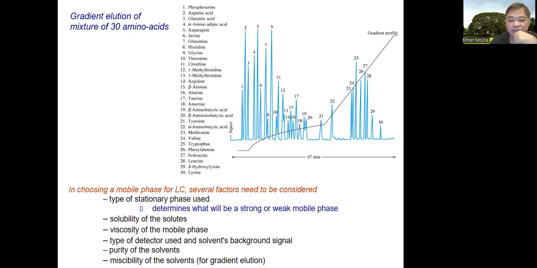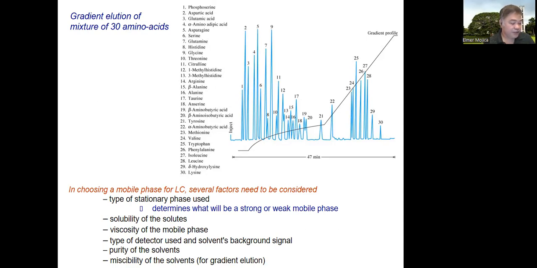Now you're going to look at the viscosity of the mobile phase. What happens if your mobile phase is viscous? What happens to the pressure? If the mobile phase is viscous, what do you think happens to the pump?